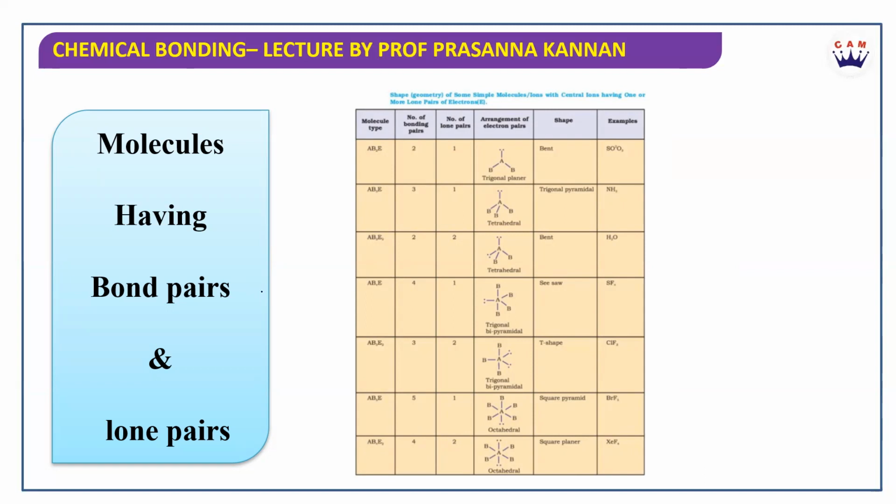E is 1 lone pair. You can call it E or L. Then AB3E: AB3 means 3 bonds, then 1 lone pair. Then AB2E2. Then you have AB4E. We'll see each of them in detail.